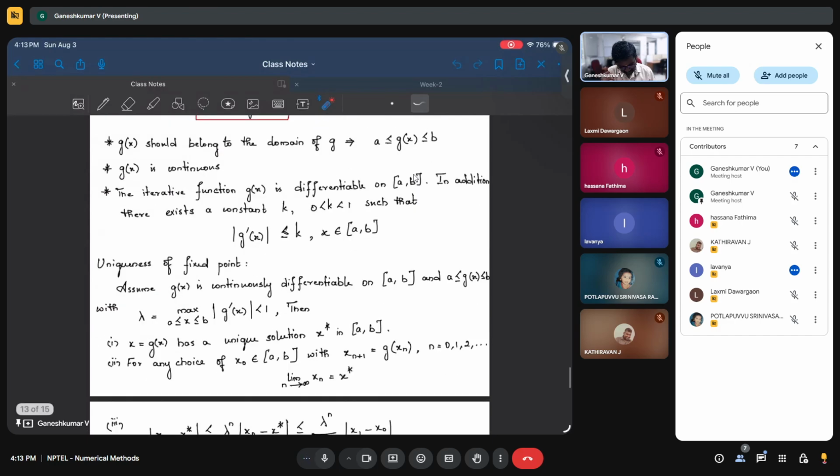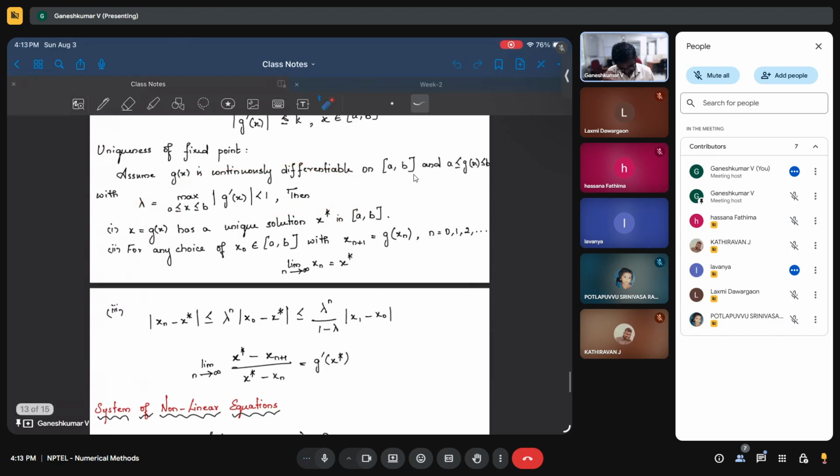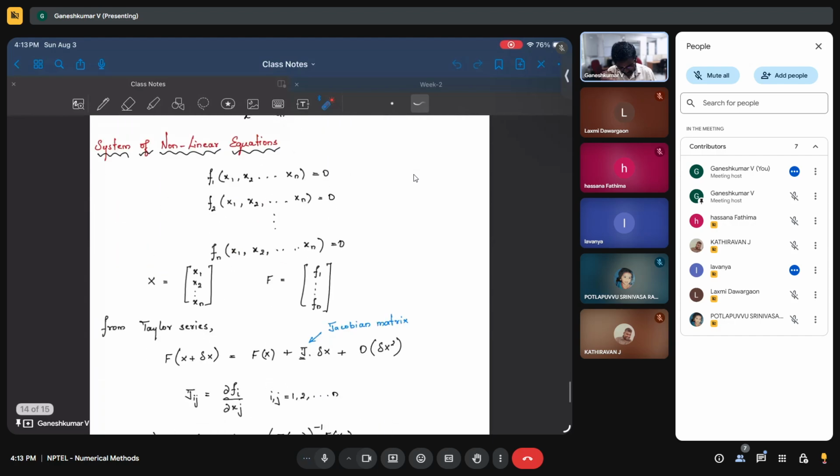And this is also important: the derivative of that function within a and b should always be less than 1. Only if that condition is satisfied, you will be able to use it as an iterative function in order to find the root. So this is what is being explained here, and I guess you must have gone through the lectures anyway.